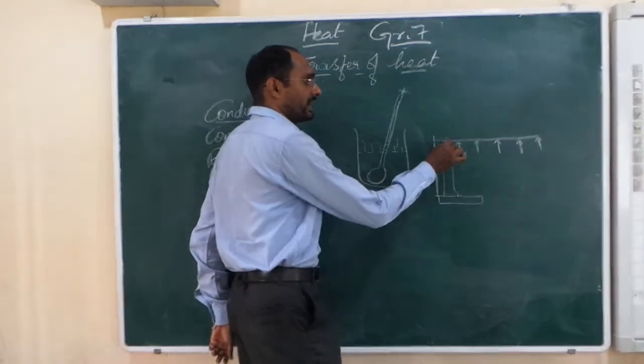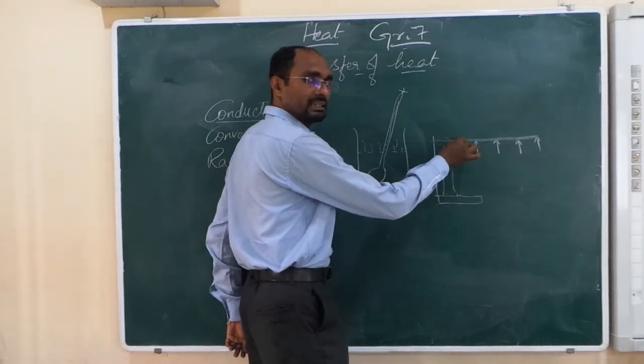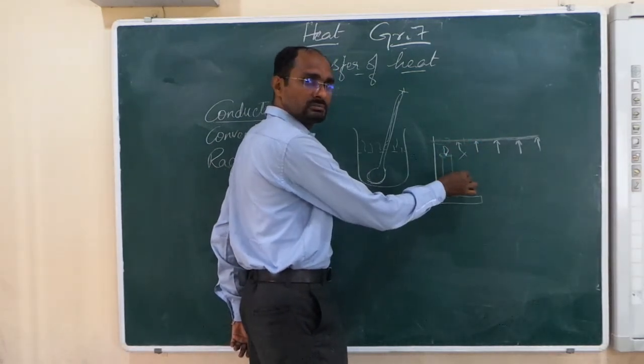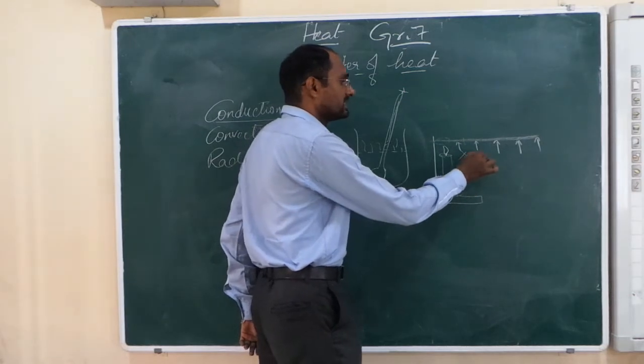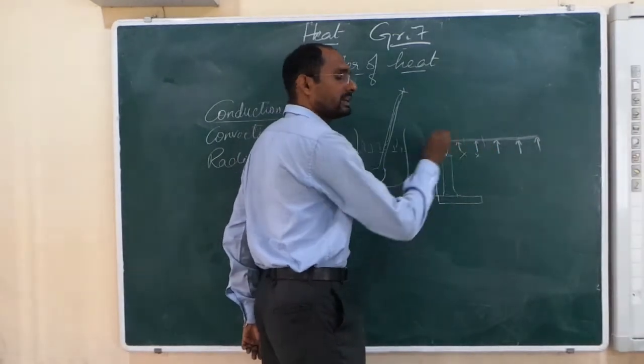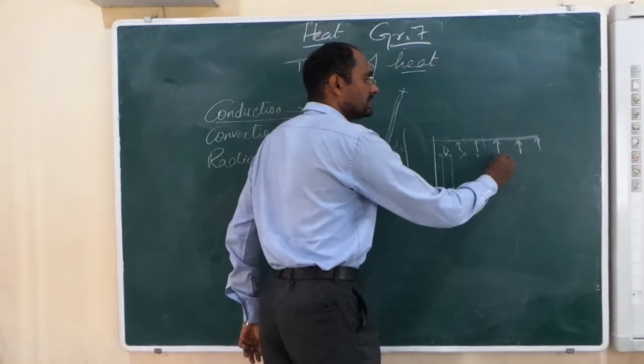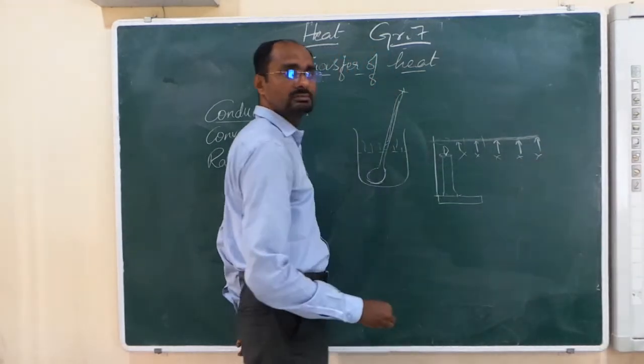So that's the reason why the heat which traveled from here to here melted the wax and the pin fell down. Now after some time you will see this pin also falls down because the heat traveled from here to here. Like that, one after the other, you will see all pins falling down.